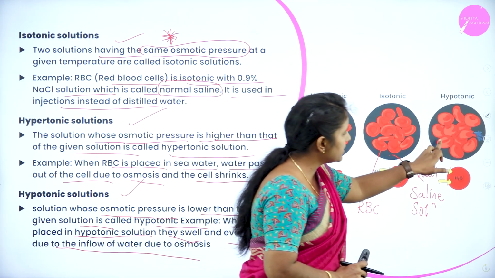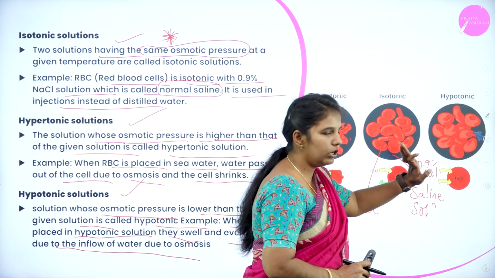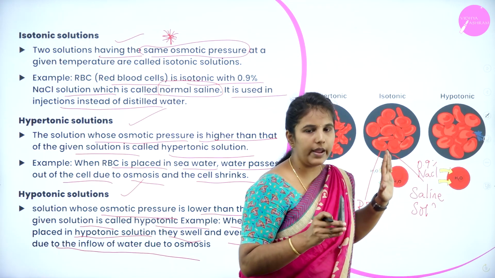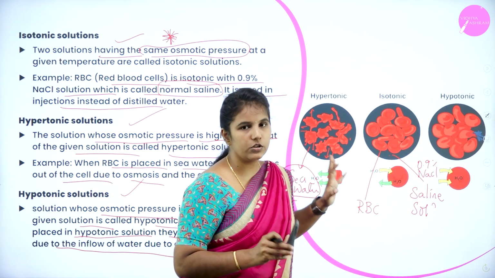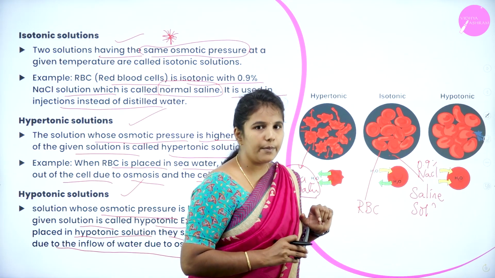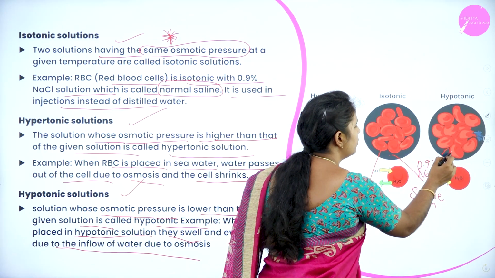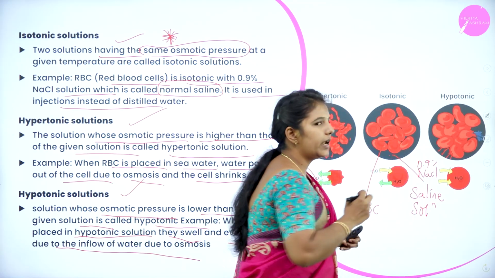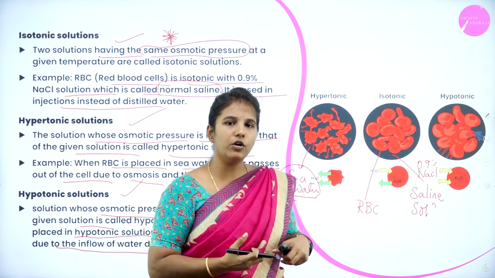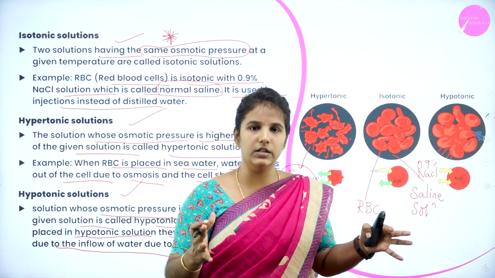Here I have placed the red blood cells in a solution whose concentration is lower. So what will happen? Obviously, the water will start to move towards the red blood cells, so that the red blood cells will take in more water and bulge.